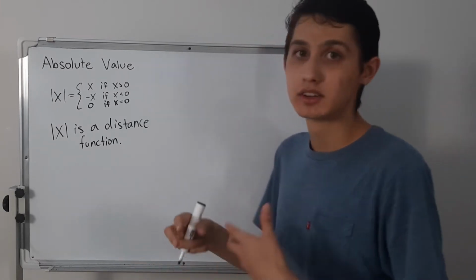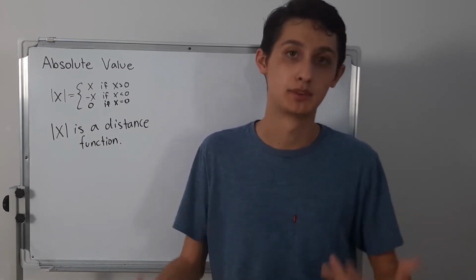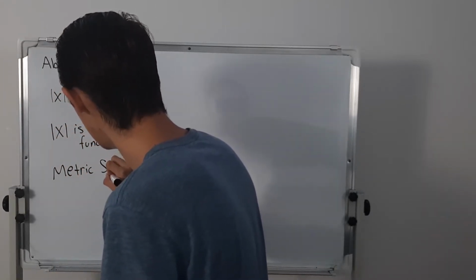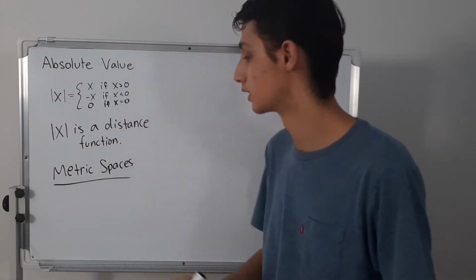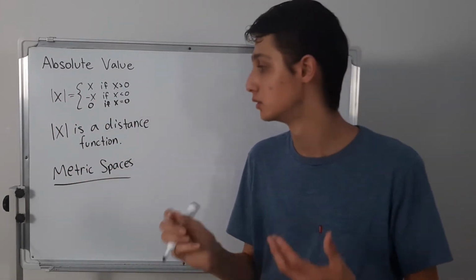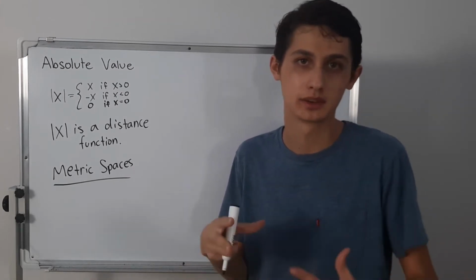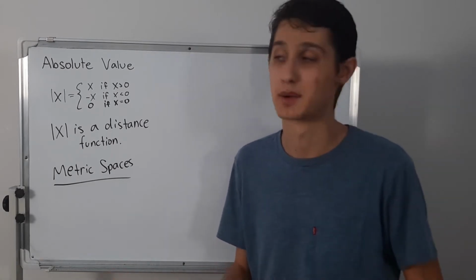I'm going to generalize the idea of distance functions to something more abstract called metric spaces. So this is the whole idea that I'm going to talk about today. And if you're not familiar with metric spaces, they're super cool, super useful, and super applicable to the real world. And I'll talk about those in a second.